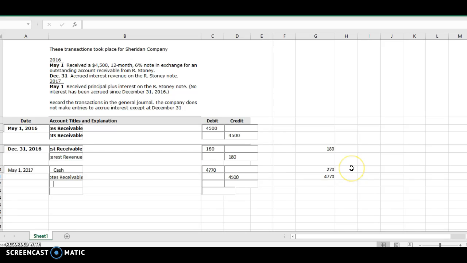But we also have the interest receivable from the prior year of 180. That is included in that cash. And we then have interest revenue for this year.